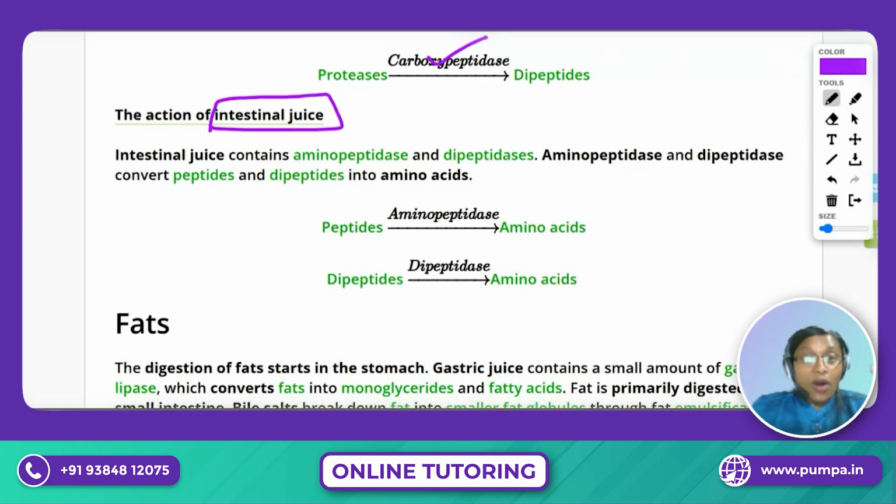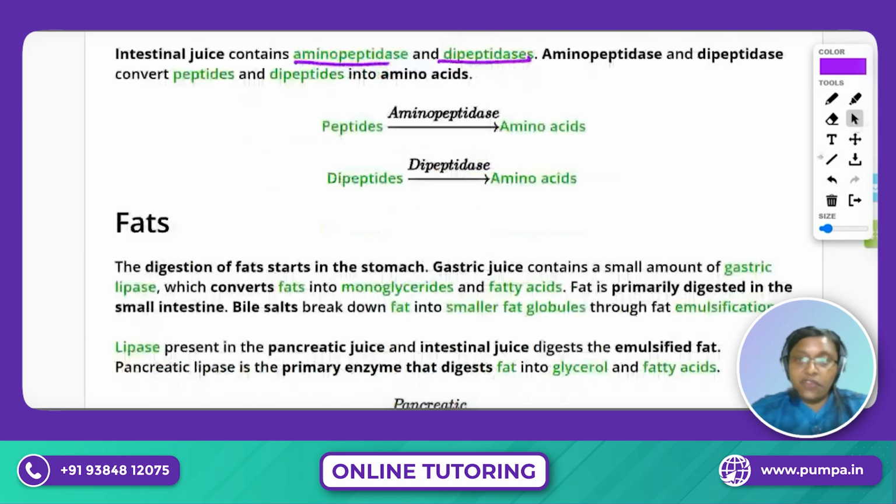The small intestine has aminopeptidases and dipeptidases, which act on the peptides, and the completely digested form is the amino acid. This conversion of partially digested protein to amino acids occurs in the small intestine. This is how protein digestion happens.